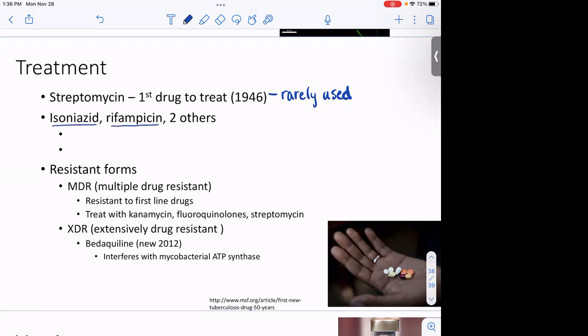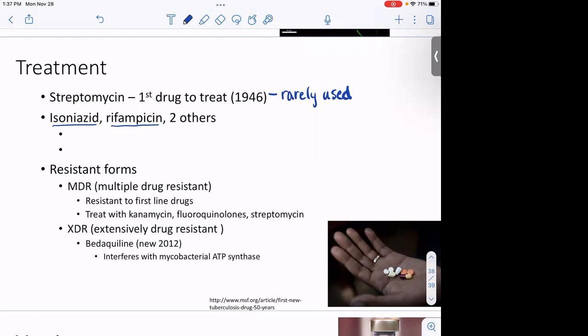I just named 2 of them here because we talked about them before. Remember, isoniazid targets mycolic acid synthesis, and rifampicin is an RNA polymerase inhibitor. A couple of others that we didn't talk about before, so I didn't want to burden you with, but it's usually these 4 different drugs.